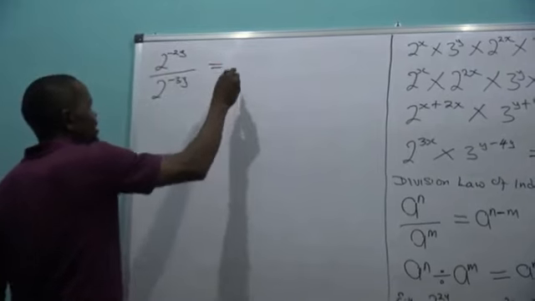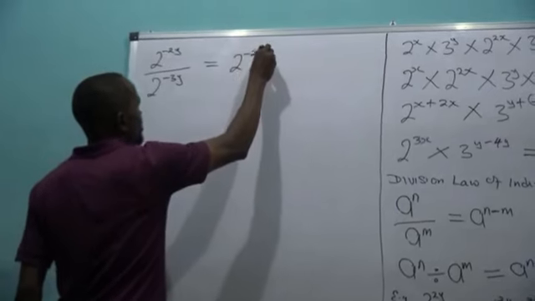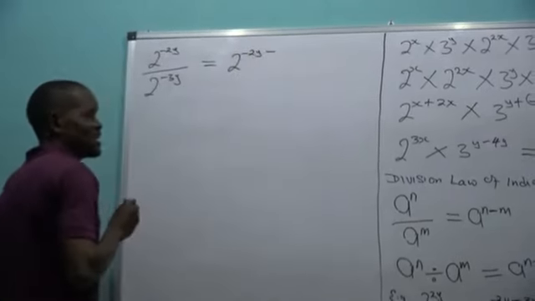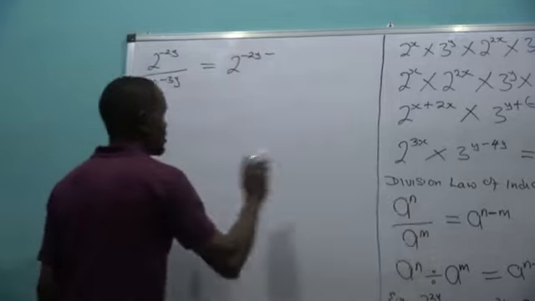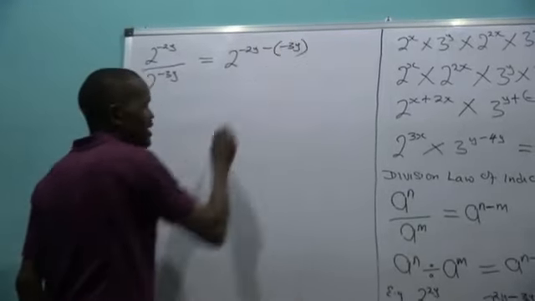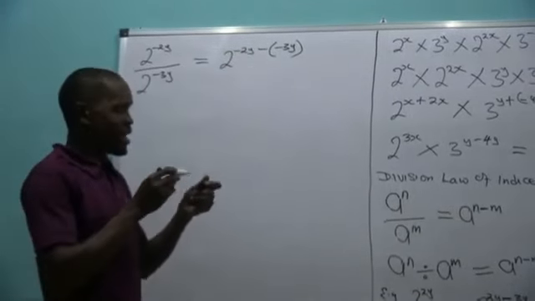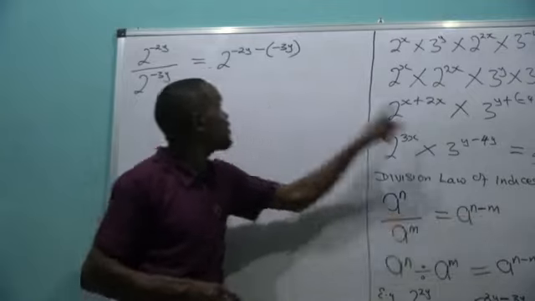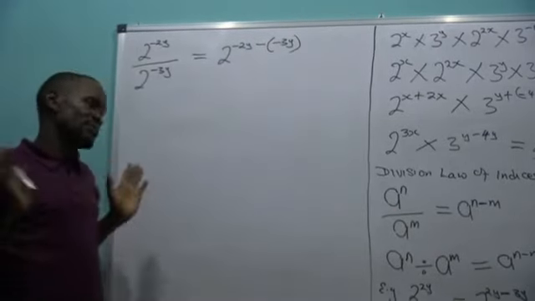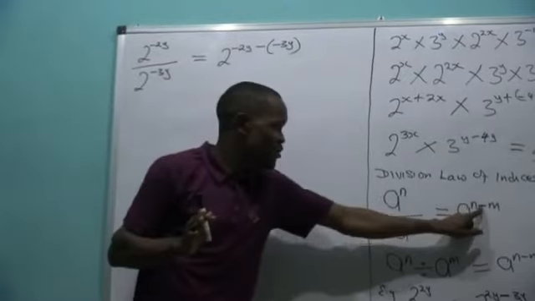This will simply mean 2 raised to power minus 2y minus, which is the constant in my formula, in my format, minus 3y. In this case, in my format, this m has turned to minus 2y, and this m has turned to minus 3y. That doesn't concern me. My constant, which is minus, is there.